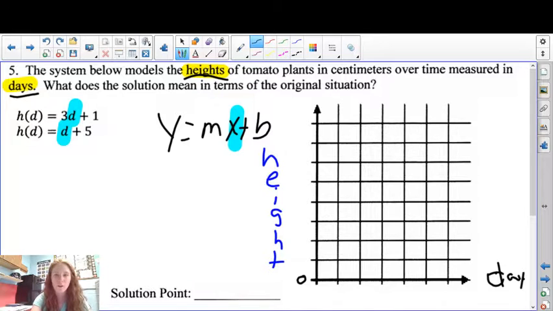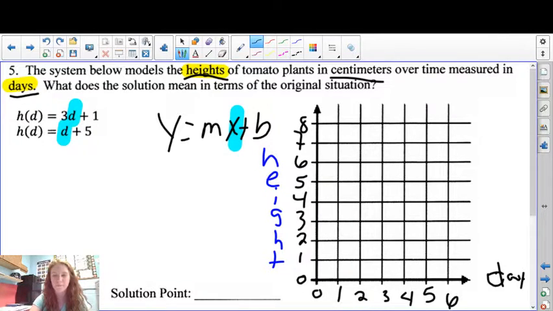So 0 centimeters, because we're in terms of centimeters, 1 centimeter, 2, 3, 4, 6, 7, 8. So we go up to 8 centimeters. And then because we have to be realistic, it talks about a full day. So again, this is 0 days, 1 day, 2 days, 3 days, 4 days, 5 days, 6 days.